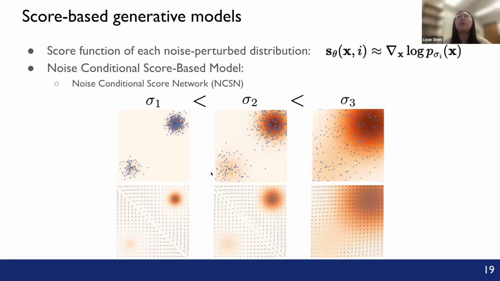By using this formulation, this comes to the original idea for the design of the noise conditional score network, which means that we are still using a similar idea to train a score-based model to estimate the score function, but it is the score function for the noise perturbed distribution. With the different scales of noise that are added, we can see the distributions of the noise perturbation will also vary, depending on what noise scale it is.